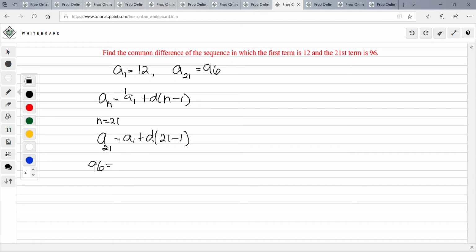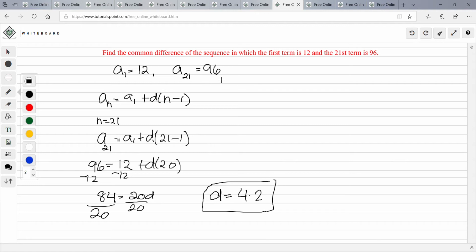We know our first term is 12, right? A1 is 12, plus difference, and then 21 minus 1 is 20. Subtract 12 from both sides. 96 minus 12 is positive 84, equals 20d. Divide both sides by 20. So our difference is 4.2.